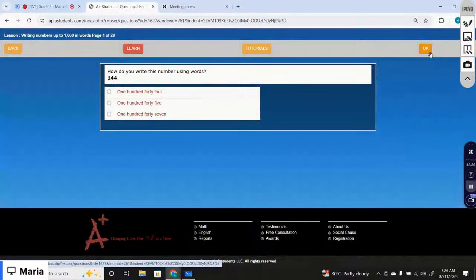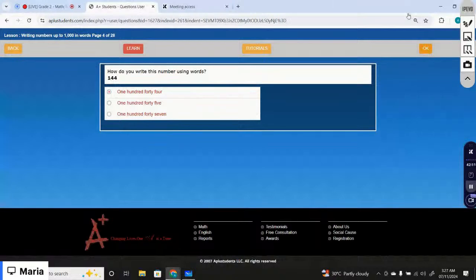How do you write this number using words, 144? So which is the correct option? The correct option is 144. Option number 1 is the correct option.